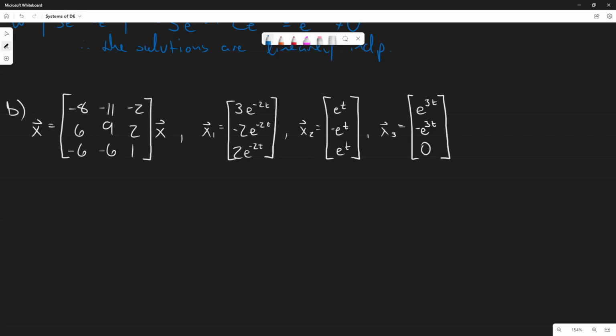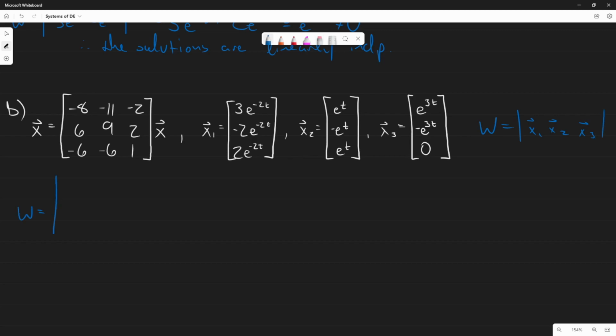Cool. So now for the second example, and our last example for this video and pretty much this whole lecture, is a 3 by 3 matrix. Oh, we love those, don't we? Same thing applies. We just find the determinant of the Wronskian, which would be x1, x2, x3. Again, these are all column vectors, and we just plug it in.